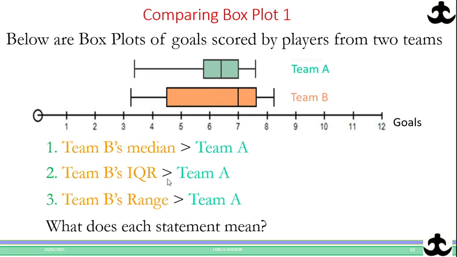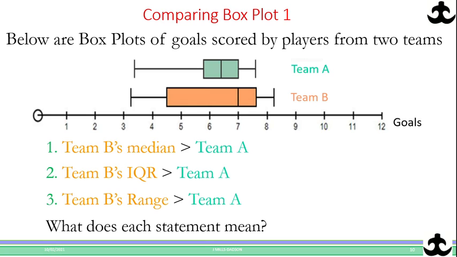When you talk about the interquartile range, it means that the middle 50% of the data is more varied. So there's more variability in the data of the middle 50%. In that case, it makes the median not reliable for team B. So whenever the interquartile range is too wide or too big, it makes the median not reliable.